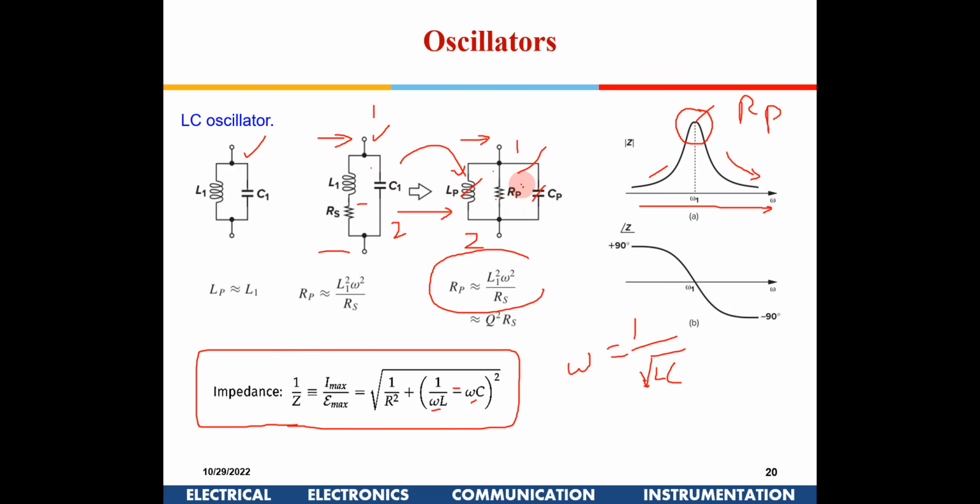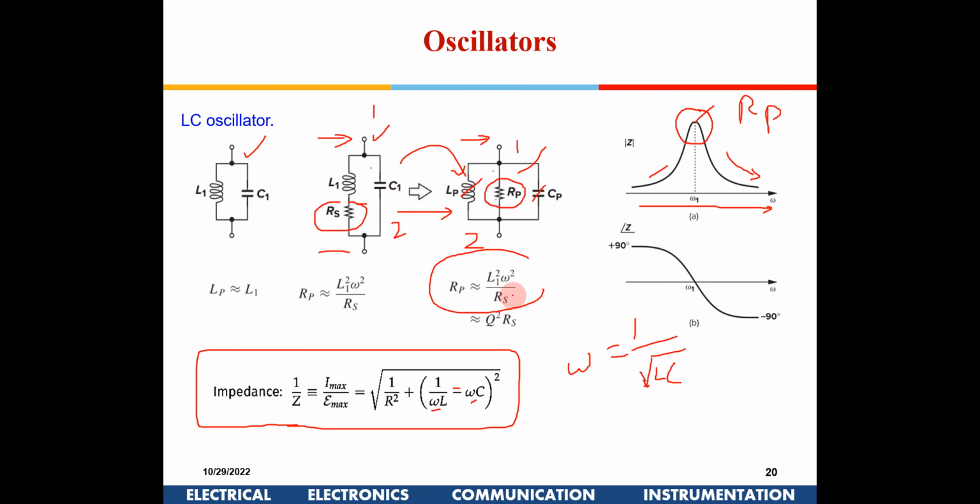If you equate the terms which don't have omega here and here, you will get this value, the one which doesn't have a frequency-dependent component. So you equate these two, and you will get the value of R like this.